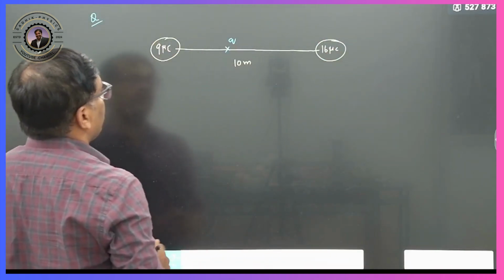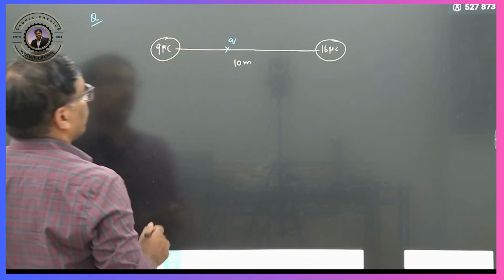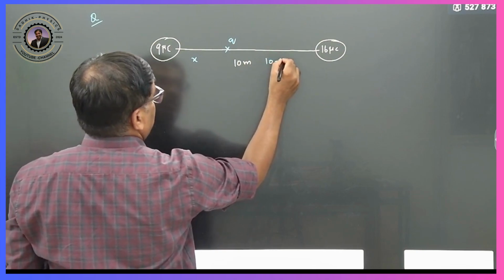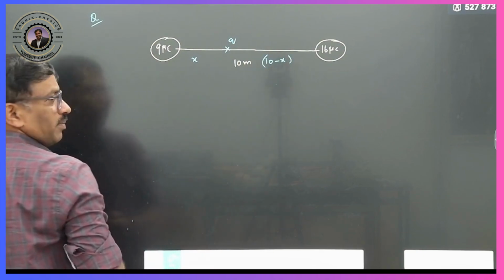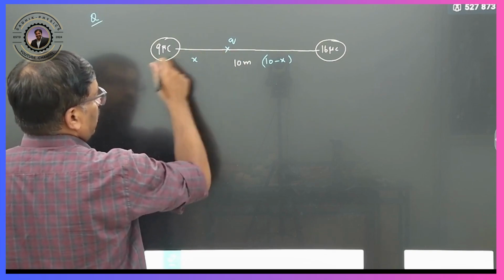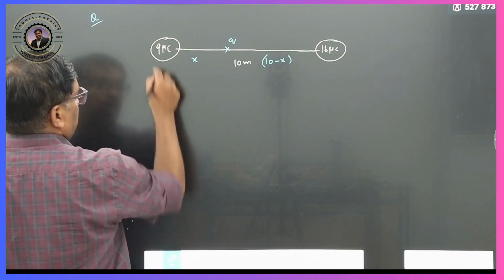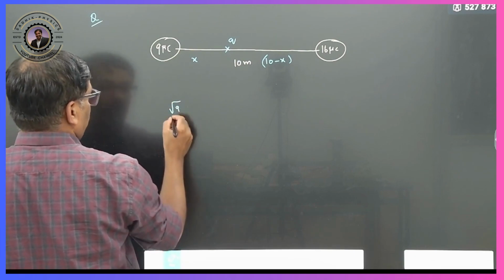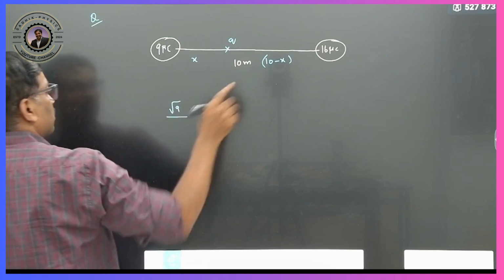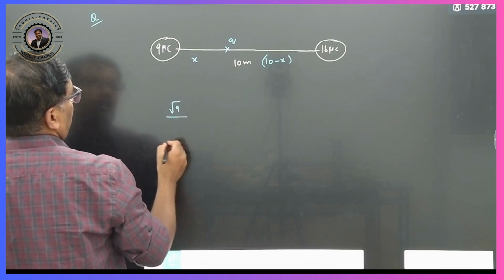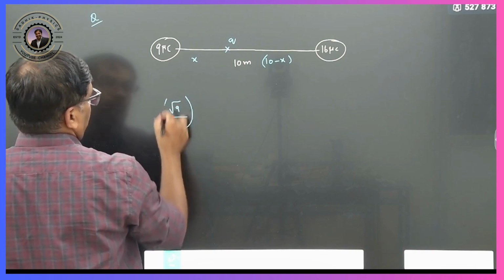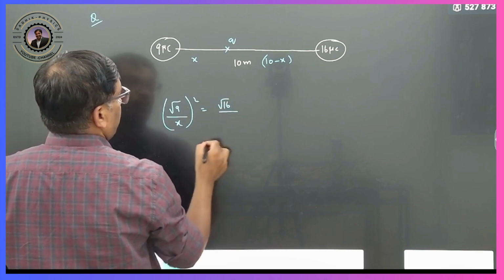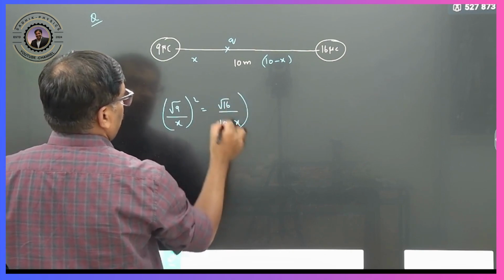Now here we want to calculate, this is Q. This is at x distance, therefore this will be 10 minus x distance. How to do it? Very simple. Here you need to write root of 9 microcoulomb, and micro also gets cancelled, root 9 by x whole square, equal to root 16 by (10 minus x) whole square.